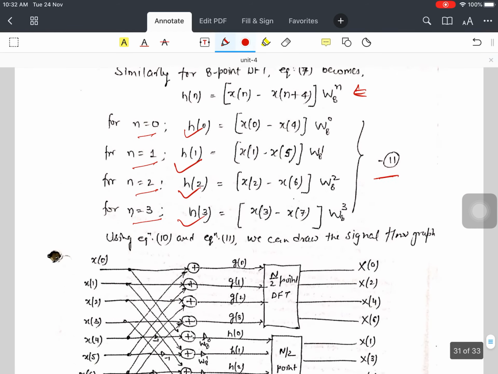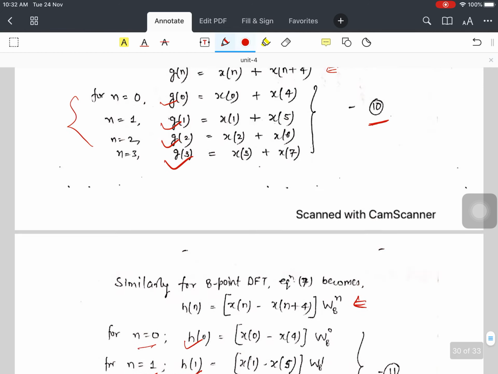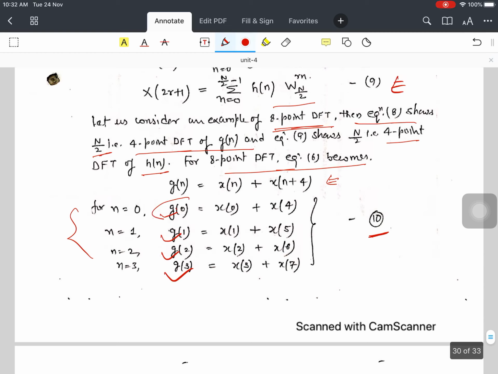Okay. Now, we want to implement these equations. Using equation number 10 and equation 11, we can draw the signal flow graph, how these signals are traveling. If I talk about this G0 over here, the equation of G0 is x0 plus x4.